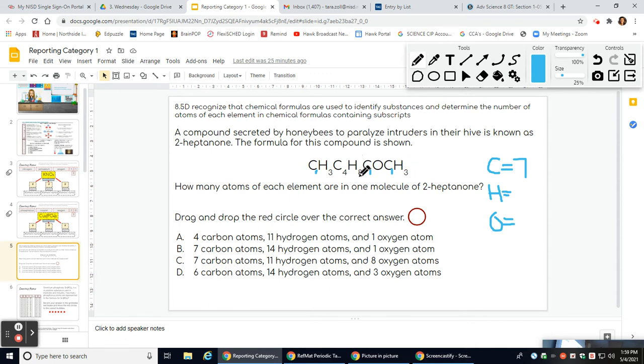So 8, 9, 10, 11, 12, 13, 14 hydrogen atoms. And then how many oxygen do I have? I just have 1 oxygen atom, that one that I am looking at. So my answer here looks like B. 7 carbon atoms, 14 hydrogen atoms, 1 oxygen atom.